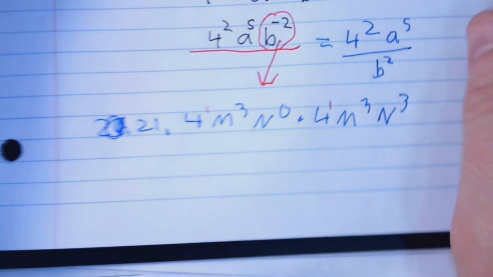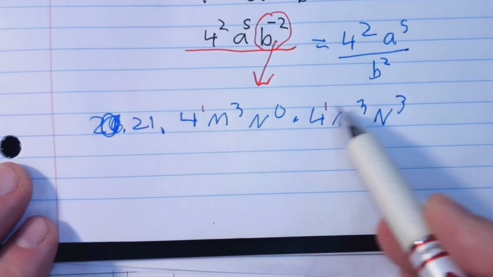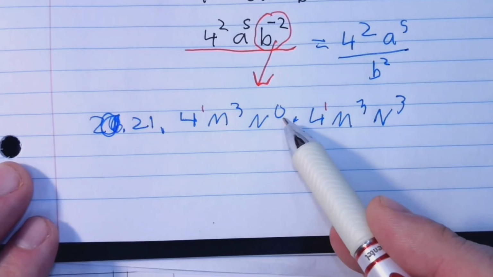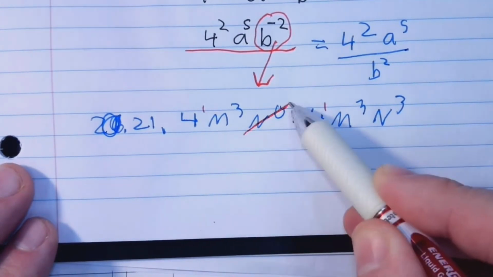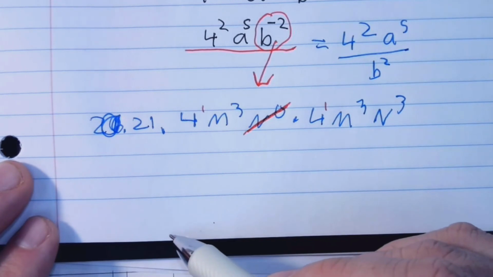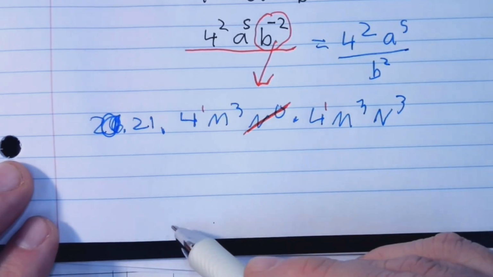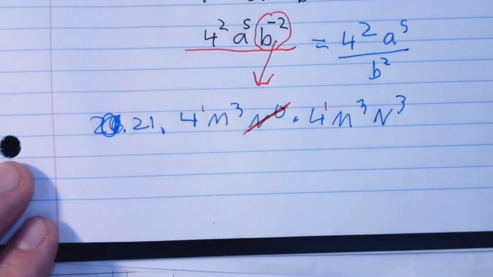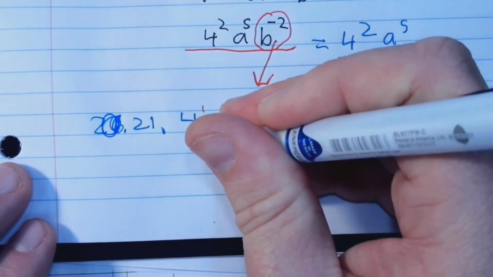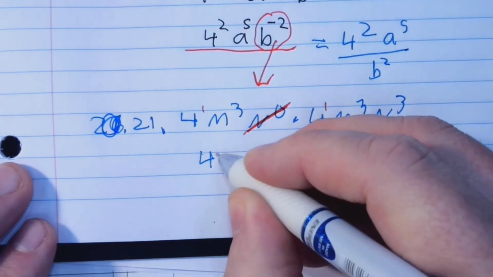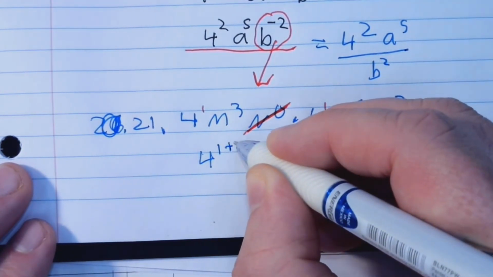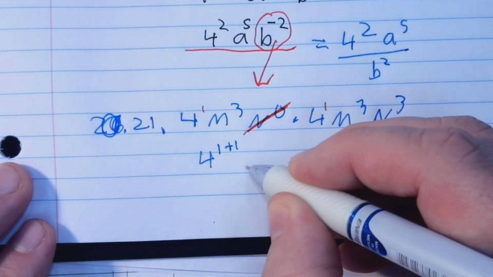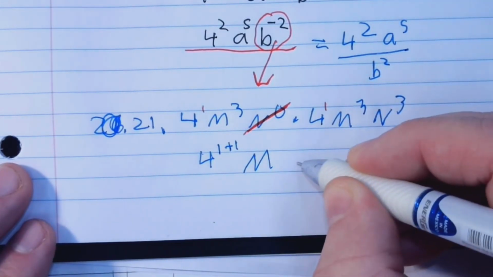So 0 rule, I'm going to go through. I see 1 0. That means that this cancels, right? So just mark through it. It becomes a 1, and so we don't need it. Okay, no parentheses. Now write your unique bases.